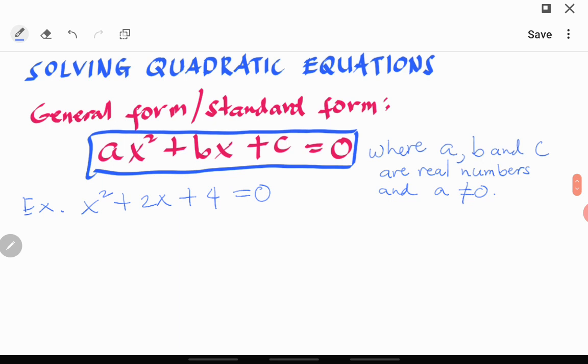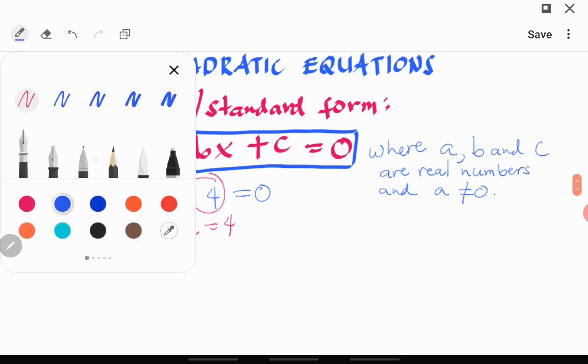Our a will be the coefficient of x squared. Kaya lang wala kang nakikitang number before x squared. Ibig sabihin 1 ang number dyan. Okay, 1 yung coefficient ng x squared. So, ito yung a natin, ito yung b, at ito yung c. Our a is equal to 1, our b is equal to 2, and our c is equal to 4.